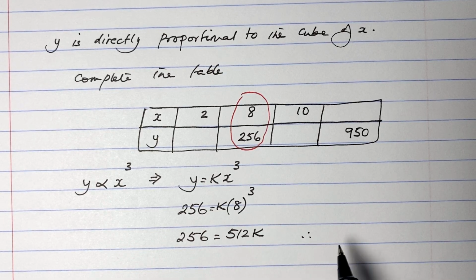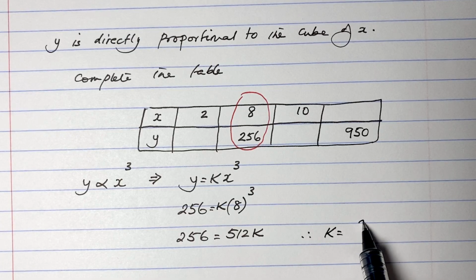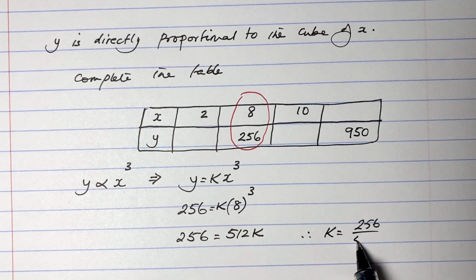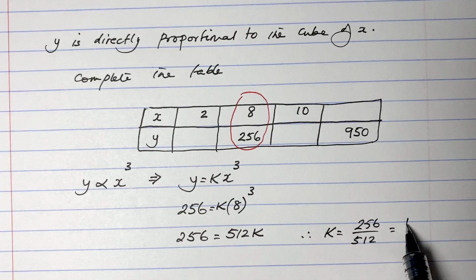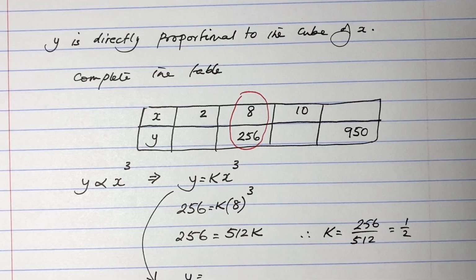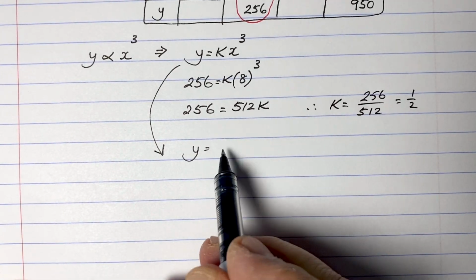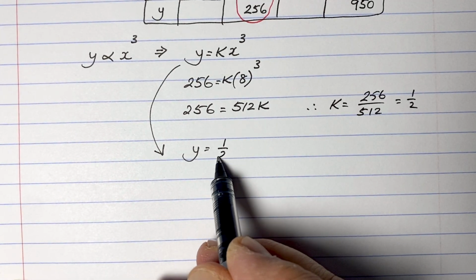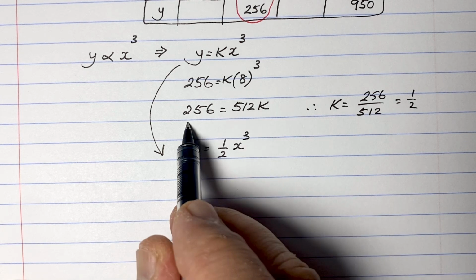Therefore, k equals half. I'm going to replace that in here. So y equals half x cubed, my formula.